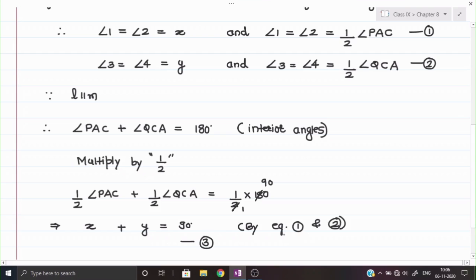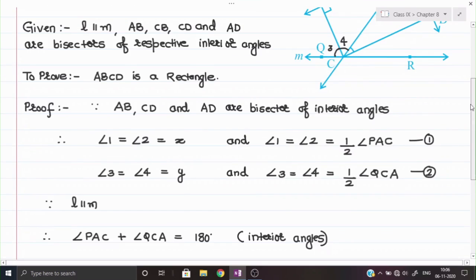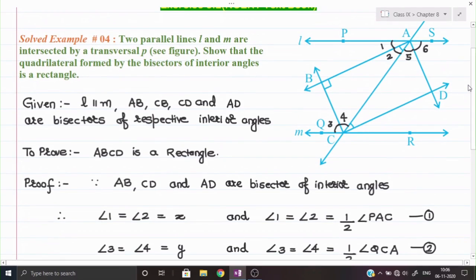Now look at the figure again. Now we have one triangle in the figure. The name of triangle is ABC. You look at the left side. Triangle ABC is one of the triangle over there. However, on the right side we have another triangle, but we are considering right now triangle ABC.